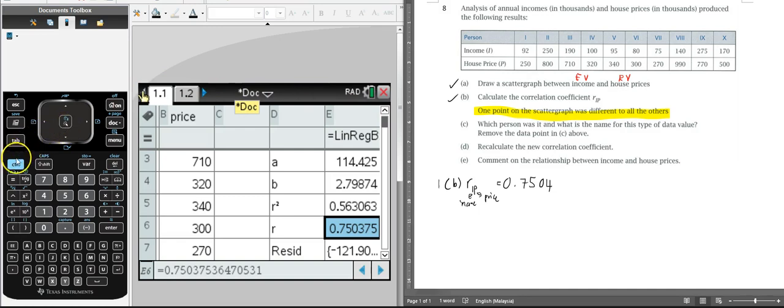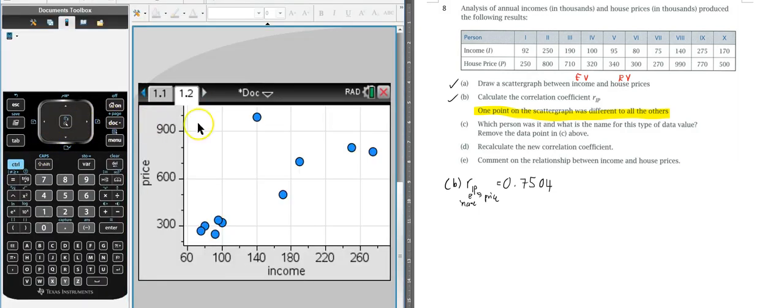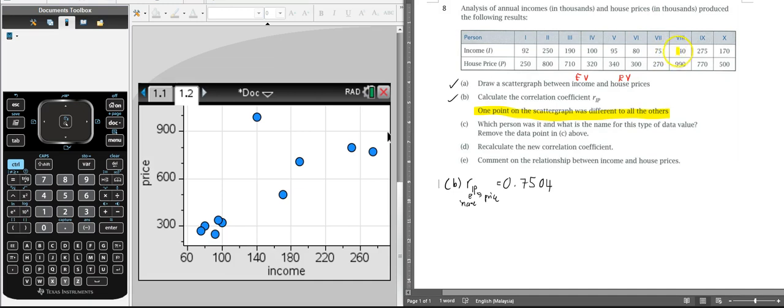So you go Control to the right-hand side. So which point is different? Of course, it's this one. This one seems different, higher than the rest of the data set. So 140990. Where is that? So it's over here. 140990. So they ask which person was it and what's the name for this type of data value.